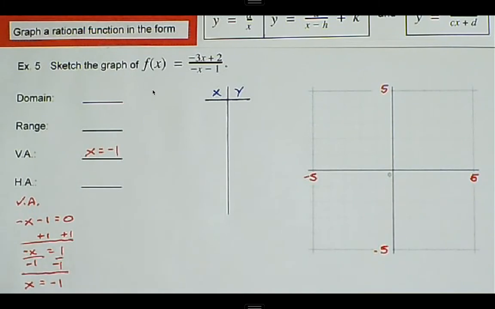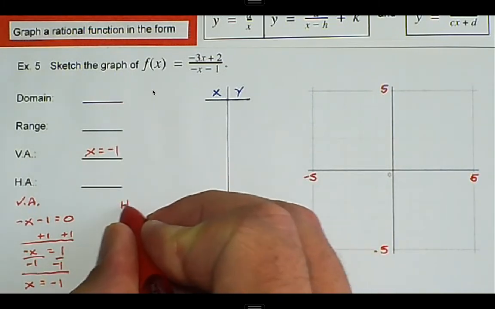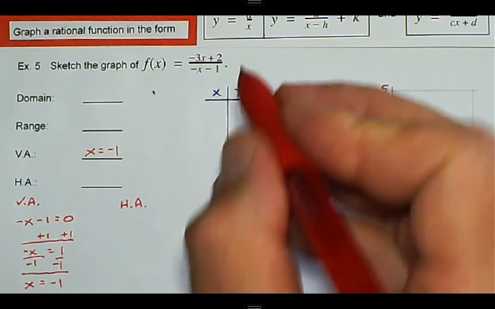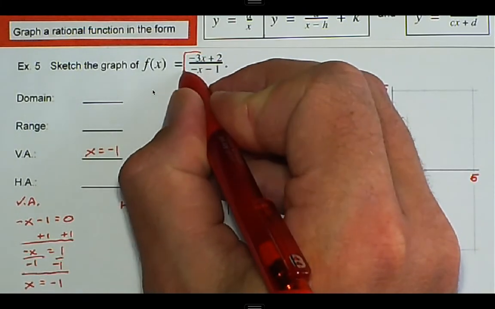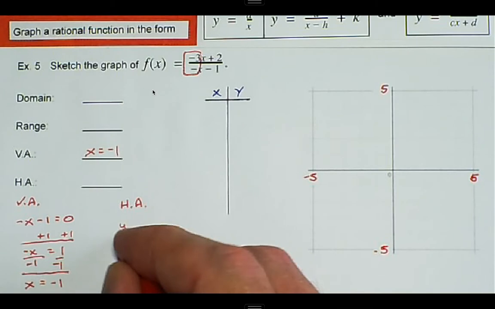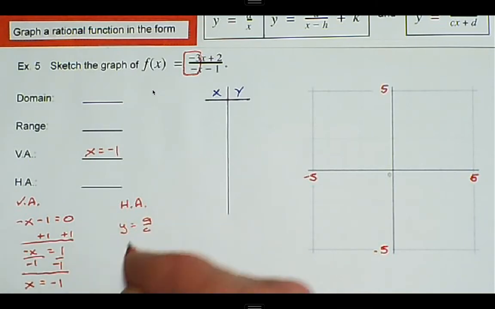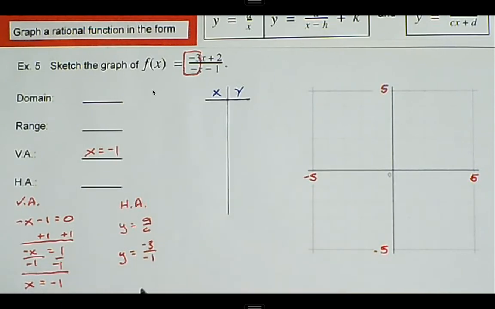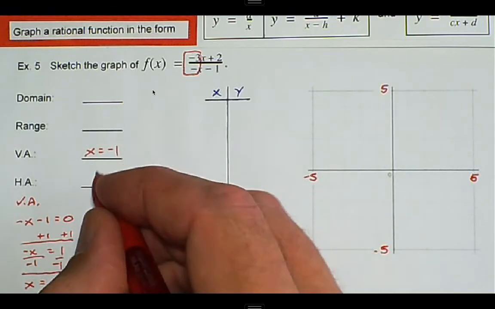Now we get our horizontal asymptote by taking our lead coefficients, y equals a divided by c. In this case we have y equals negative 3 divided by negative 1, so y equals 3 is our horizontal asymptote.